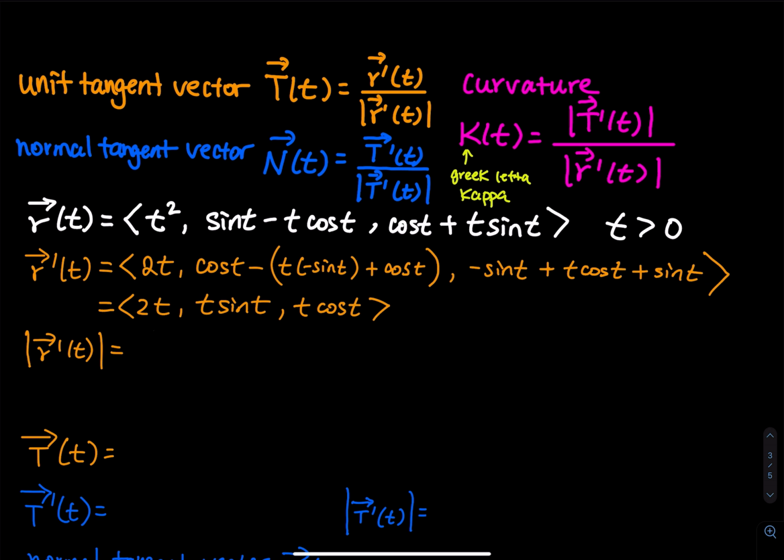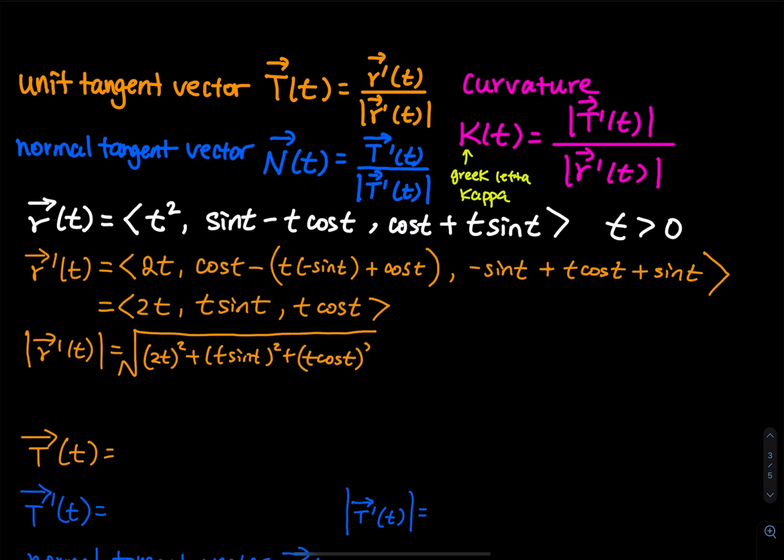Let's find the magnitude. Magnitude means we square every single component, add them up, and then take the square root of that. So we have a square root, and inside we square every component: 2t squared plus t times sine of t squared, plus t cosine of t squared. That gives you 4t squared plus t squared.